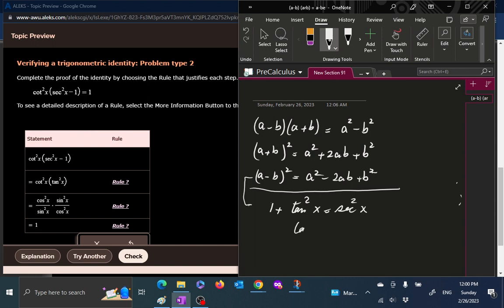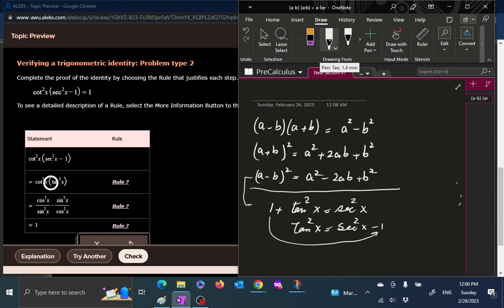Therefore, tan squared is the same as secant squared of x minus 1. So what I did is bring the 1 to the other side. So that expression is a statement of the Pythagorean identity. Each of these identities can be written in so many different ways. So that's what has happened.